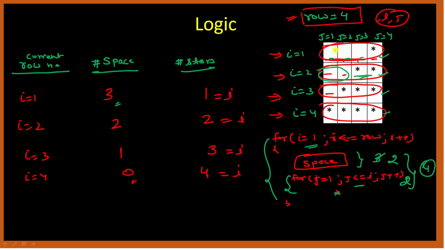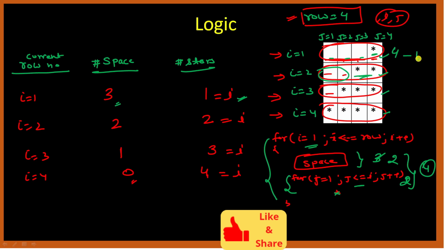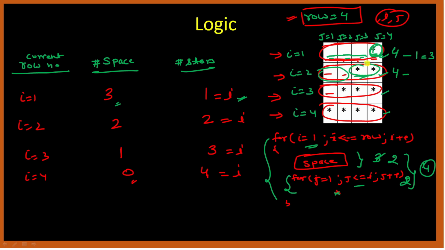So if you subtract, what is the width? 4. Now 4 minus the count of the stars, which is controlled by I. So 4 minus 1, the count of stars in this row, gives 3, the count of spaces. Here, 4 minus 2 stars equals 2, the number of spaces in this row.